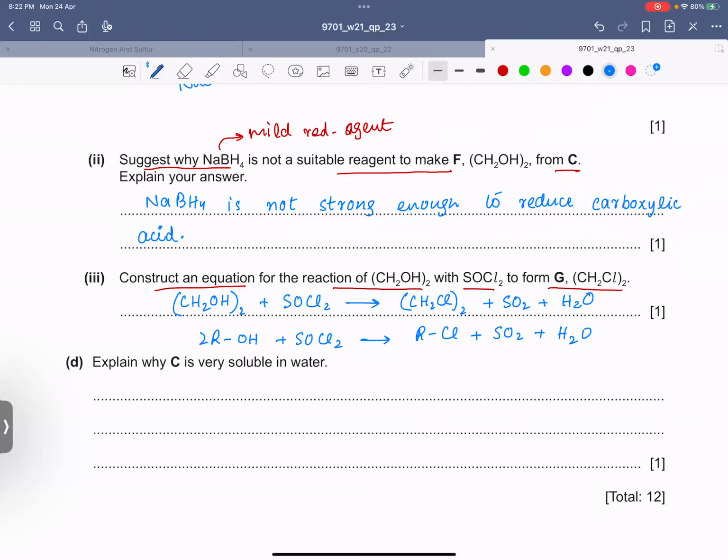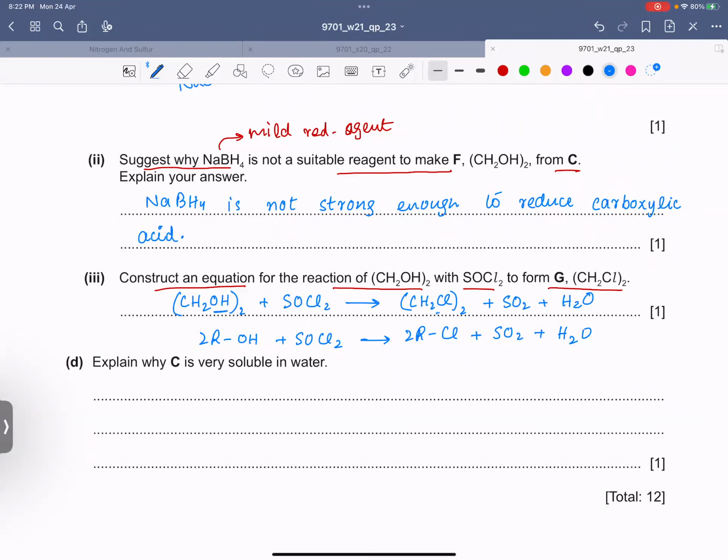Here we need 2 moles of SOCl2 to balance the equation. In one molecule we have two OH groups, and both the OH groups are turning into Cl. Is this clear? Yes. If anybody has any confusion, kindly ask.